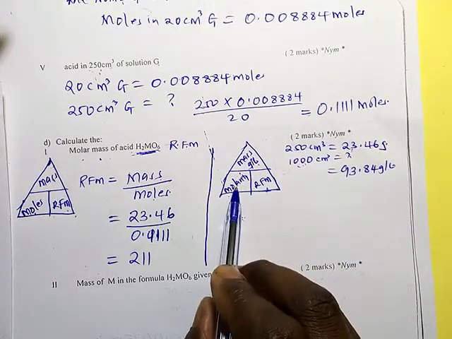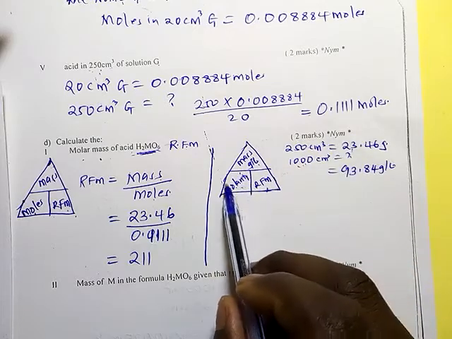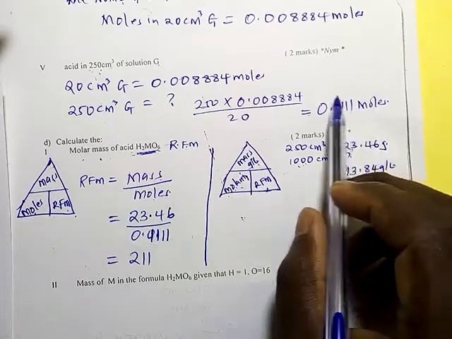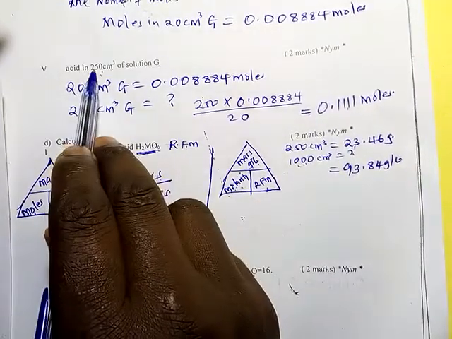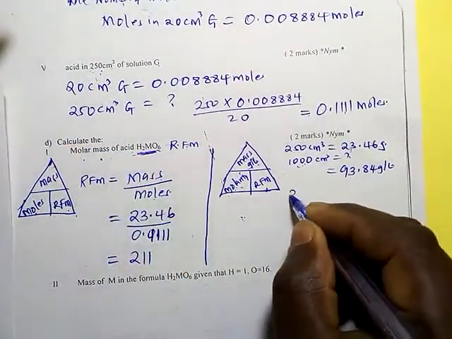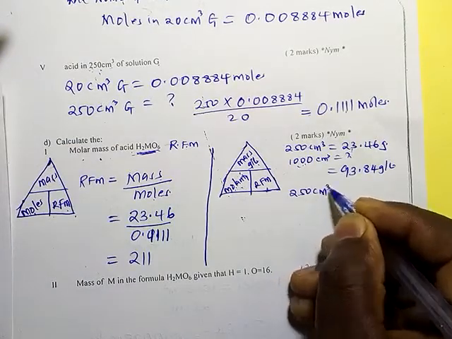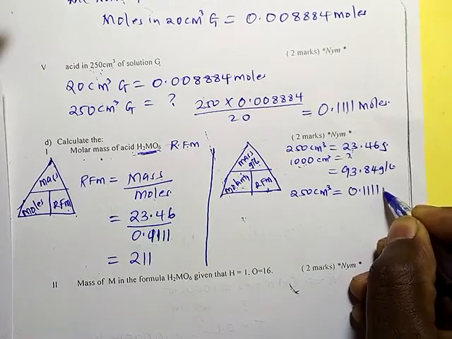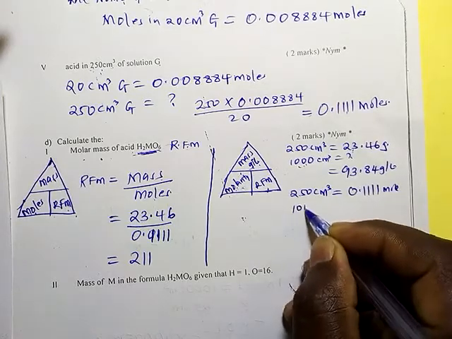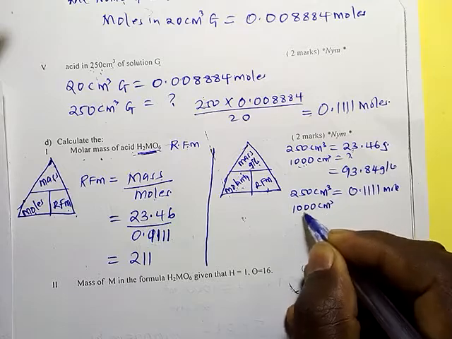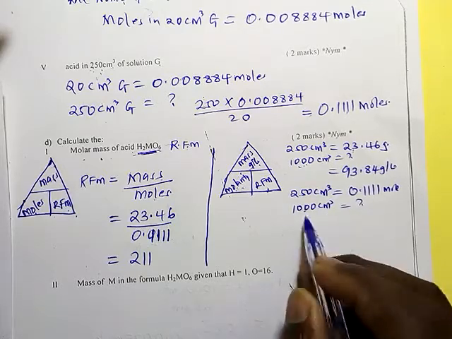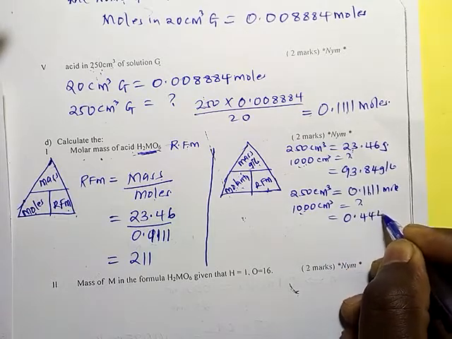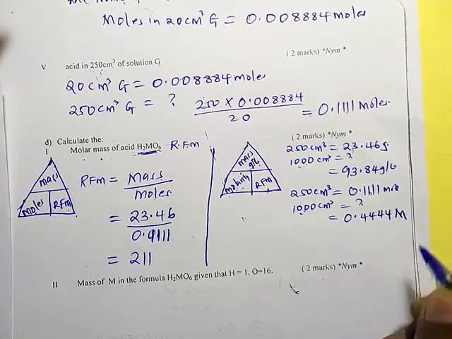What we don't have is molarity. Remember, molarity is the number of moles in 1 liter, but the number of moles we have is in 250. So 250 centimeters cube contains 0.1111 moles, and 1 liter, 1000 centimeters cube, will contain this times 1000 divided by 250, which gives 0.4444 capital M. That is molarity.